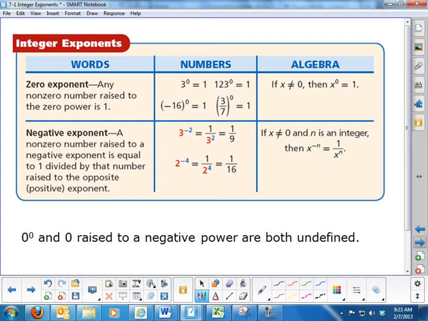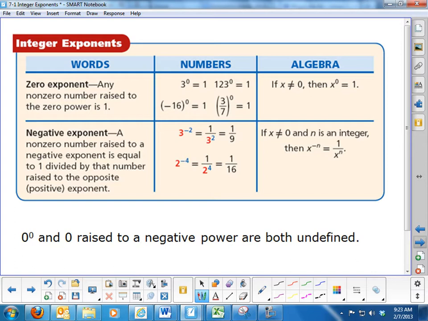Very, very important. Negative exponents: it says a non-zero number raised to a negative exponent is simply 1 divided by that number raised to the opposite exponent. So if it's a negative exponent, it's now going to be a positive exponent. So if I take 3 to the negative 2nd, to make that negative exponent a positive one, I just put it in a fraction.